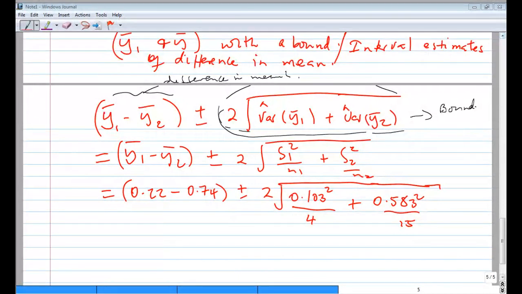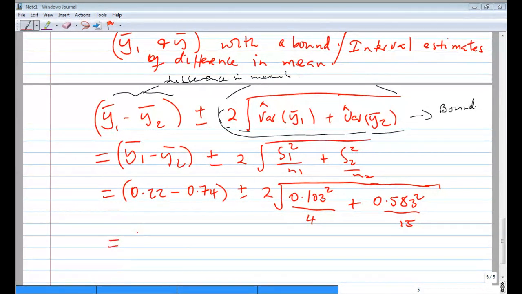Did they give us any population there? No. So there's no information about the population. So there's no need to use that one. You have to use this one as it is. Then those who are having calculators, may you please calculate this one for us? Just want to see the answer.